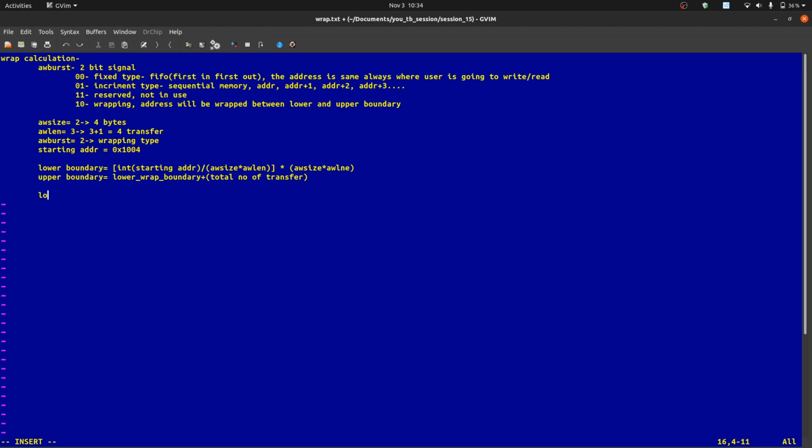In such a case, lower boundary will be the integer of 0x1004 divided by 4 into 4 and multiplied by 4 into 4.